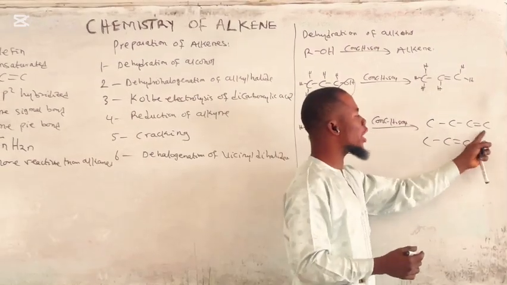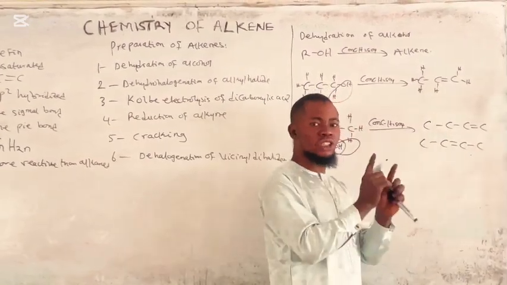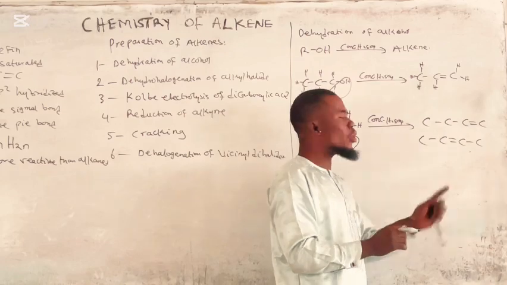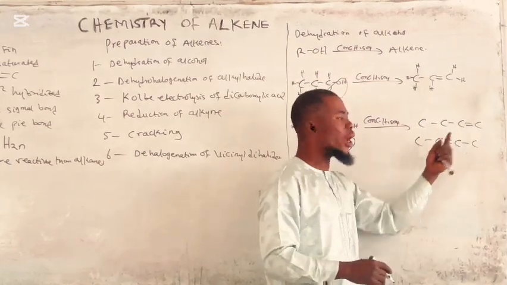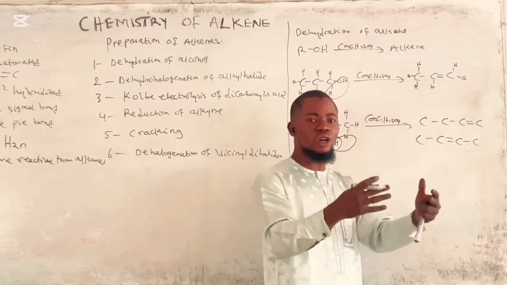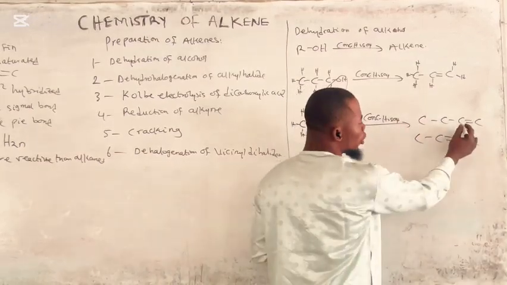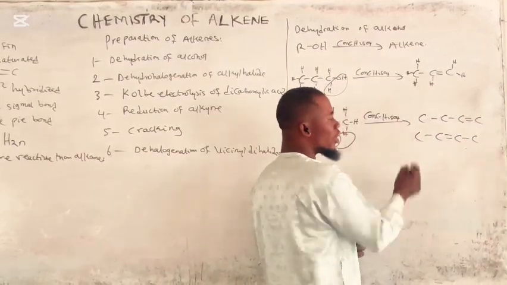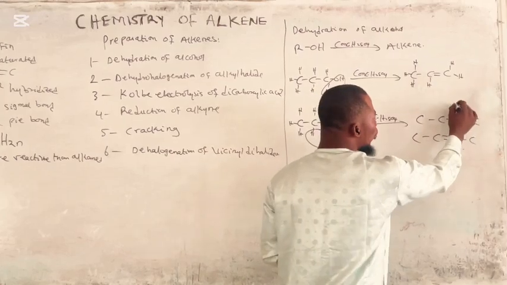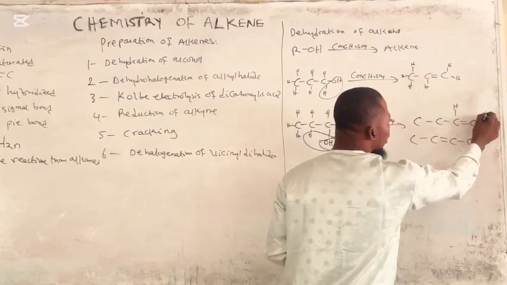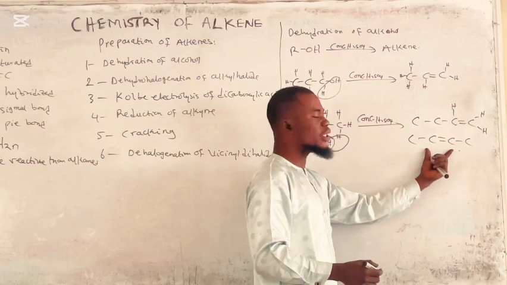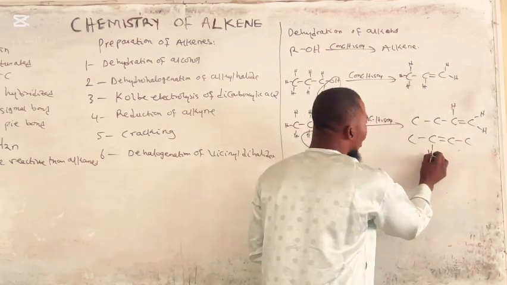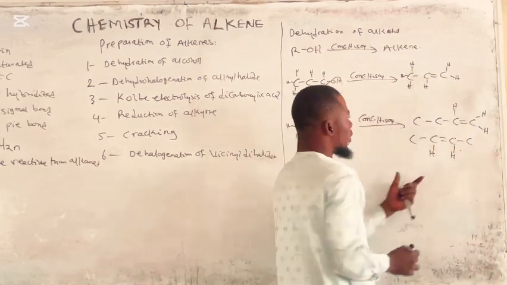Between the two carbon atoms of the double bond, you count the number of hydrogens present. The one with the higher number of hydrogens is your minor product, and the one with the lower number is the major product. The double bond occurs between this carbon and this carbon. Let's saturate this carbon: this one remains with 1 hydrogen, while this one remains with 2 hydrogens. Coming back to the second one, this one remains with 1 hydrogen, and this one also remains with 1 hydrogen.